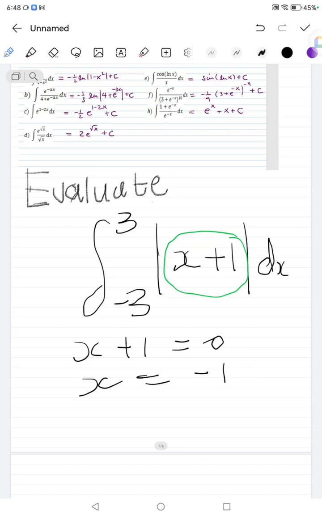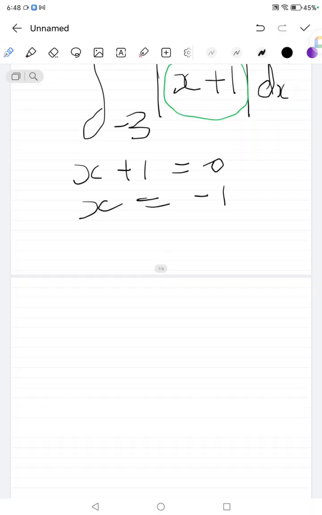You see? So this one is just like your guidance. It just tells you that your graph is going to be changing at x equals minus 1. I'm just trying to think of an example where I can show you how the split happens.